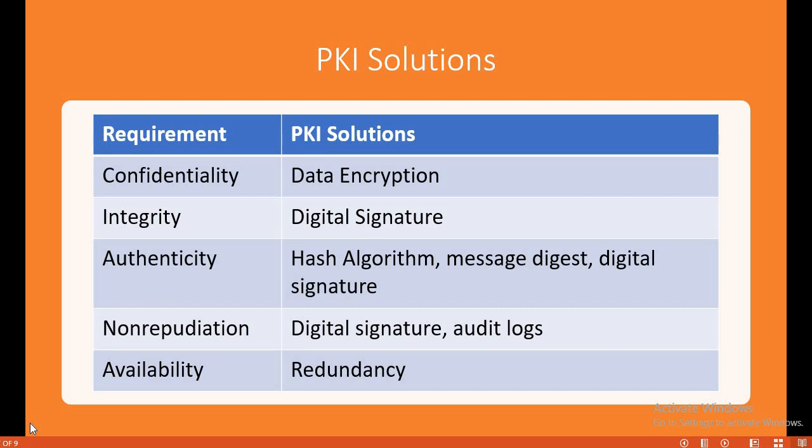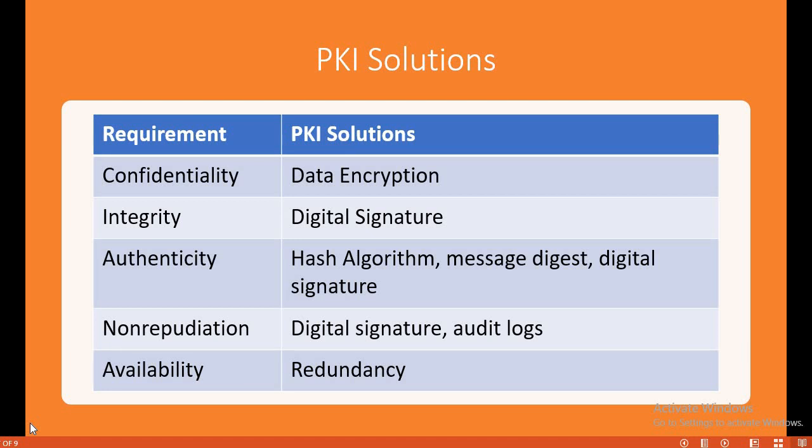A digital signature is used to sign the data or the transaction, so the sender cannot deny that he sent the data, because it is signed by his own private key. So it is the sender's responsibility to keep his private key secure.